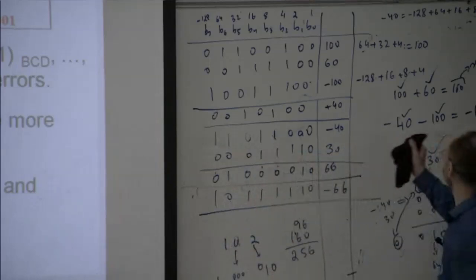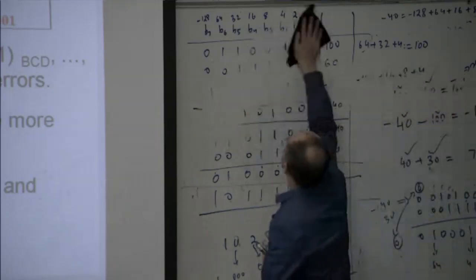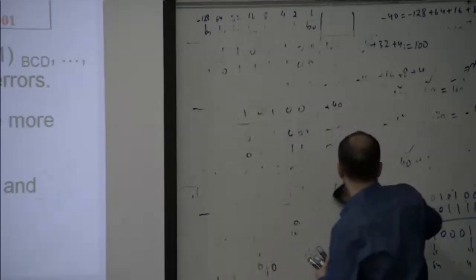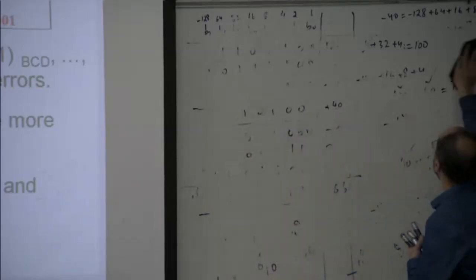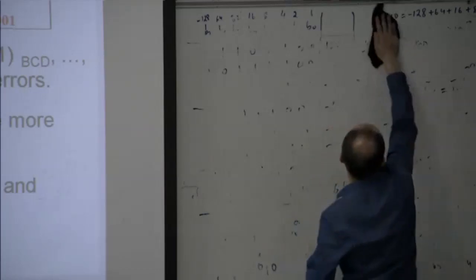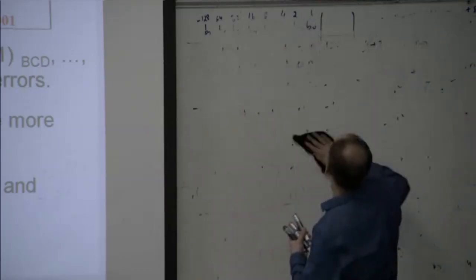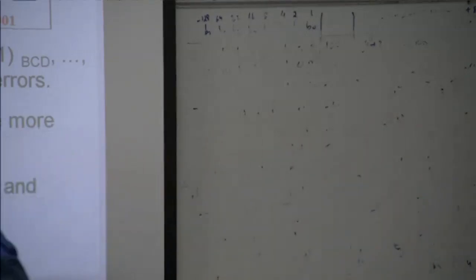Now, if you have this BCD representation where each decimal digit is represented by a 4-bit number, go to the other slide. What is the code for 234?